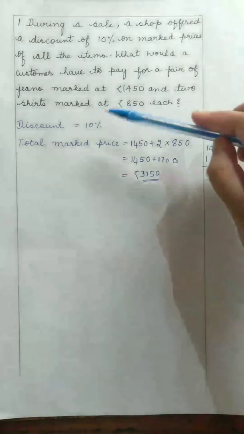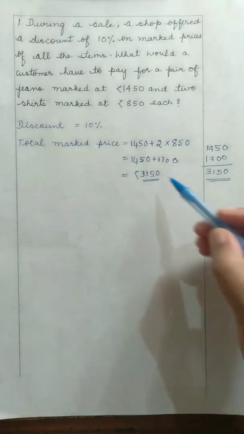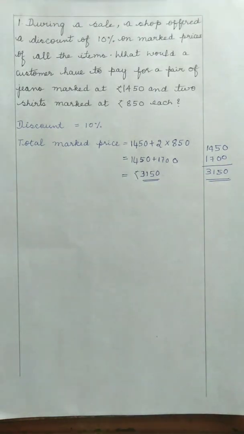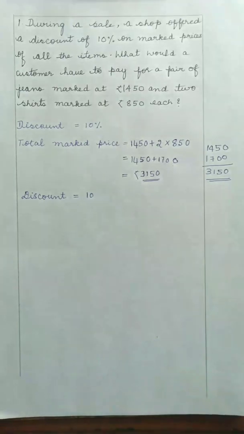Now the discount is given as 10%, children. Now that 10% we will convert into rupees. This is the total marked price, 3150. Discount is 10%. Now for this 3150, we should calculate the discount in rupees. Therefore, discount is equal to 10%. Percent means it is for 100.